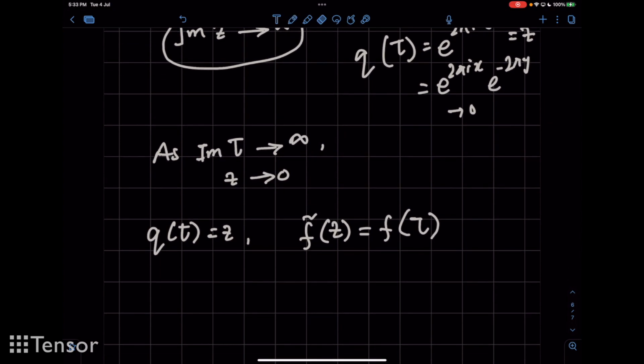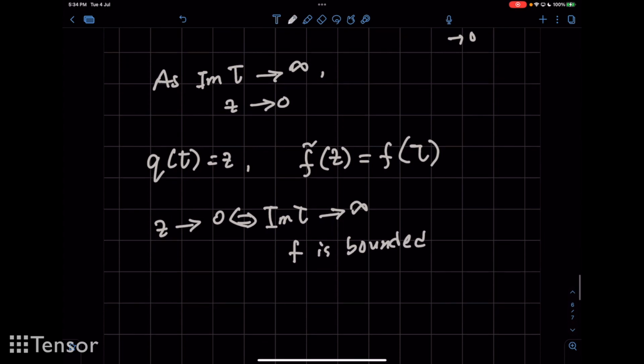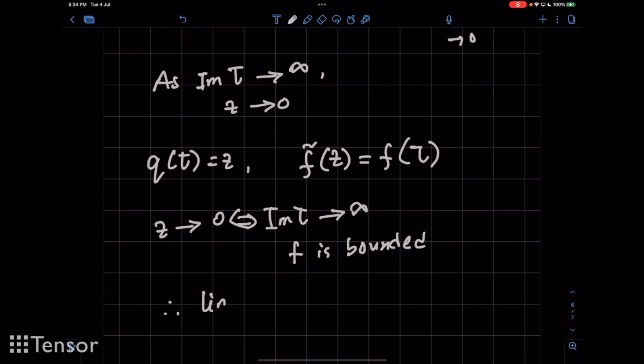So z goes to 0 is equivalent to the imaginary part of tau going to infinity, right? And as the imaginary part of tau goes to infinity, f is bounded. All right. So therefore, the limit as z goes to 0 of f tilde of z is finite.